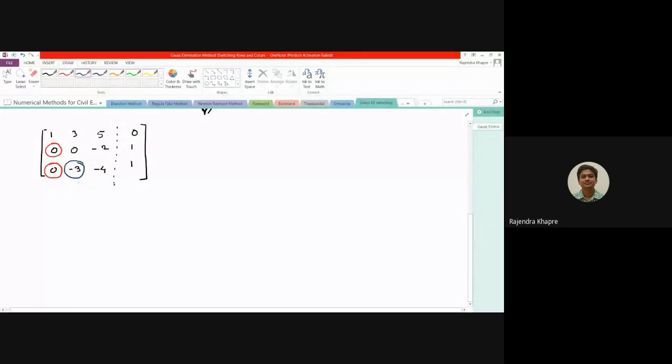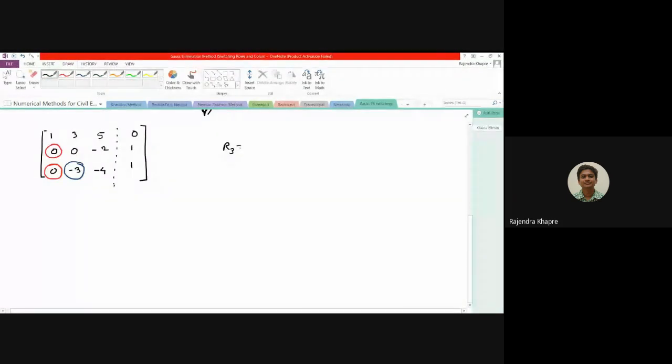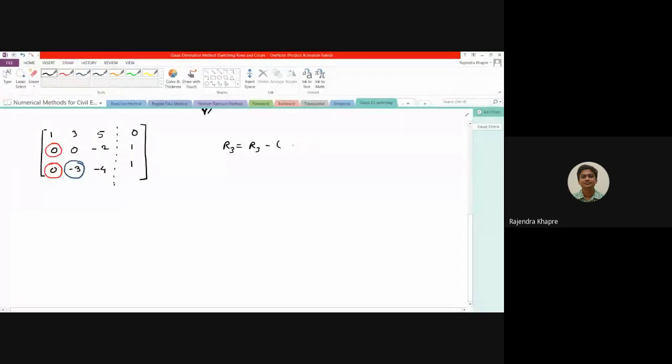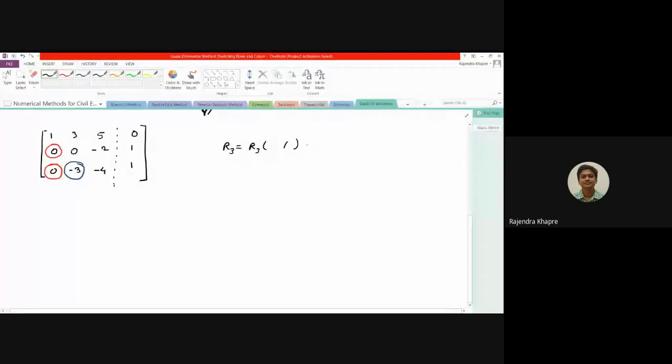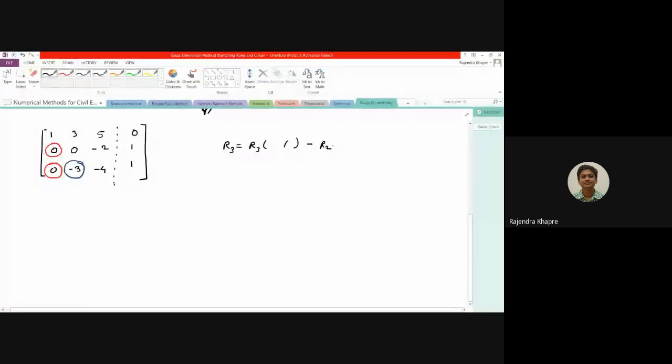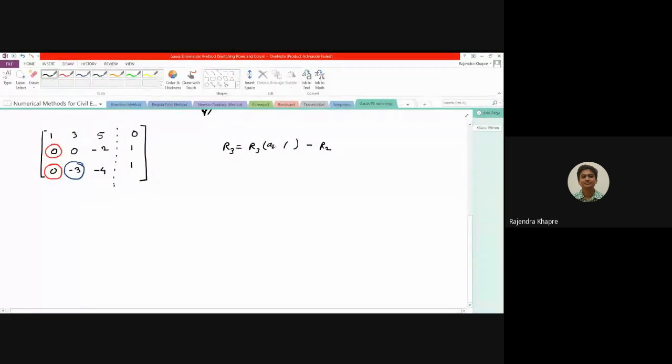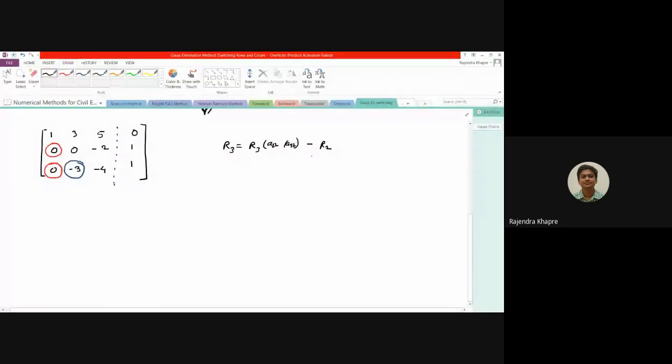Traditionally in the Gauss elimination method, r3 will be r3 minus some factor multiplied by r2, where we generally write a22 and a32. Am I right, students? Is this correct?